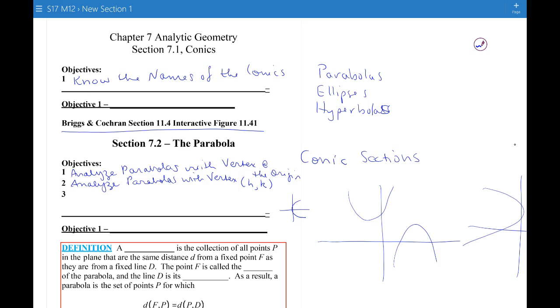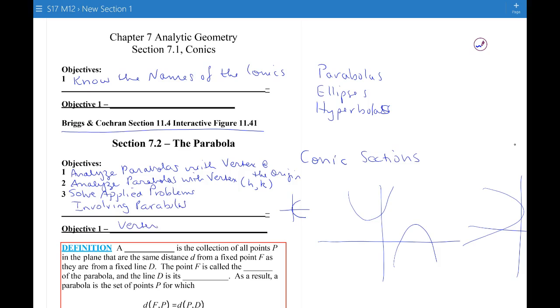Fortunately, that's the same lettering system that we used when we talked about parabolas that were functions, where h and k are the coordinates of the vertex. And then the last thing we're going to look at is solving applied problems. There's lots of really interesting applied problems that involve conic sections, so we're going to look in this section at those that involve parabolas.